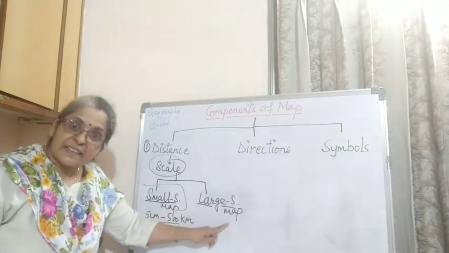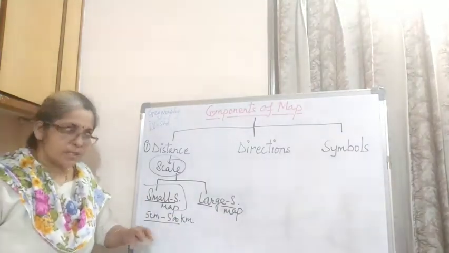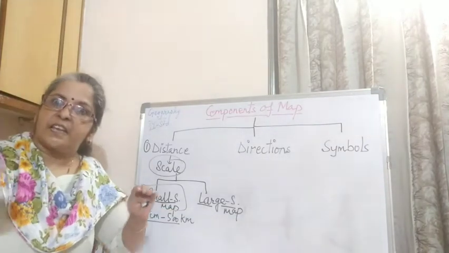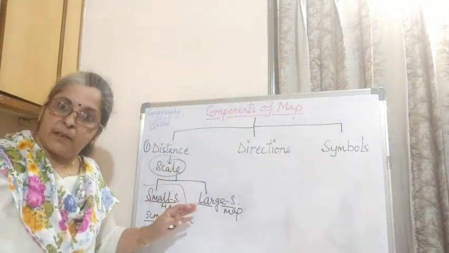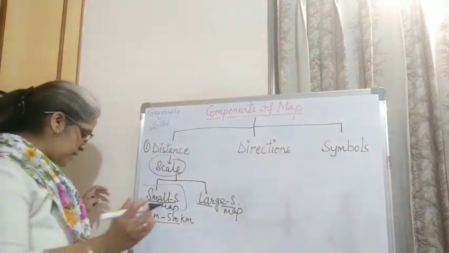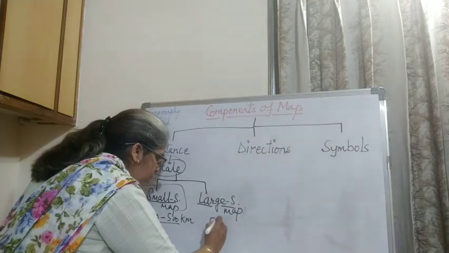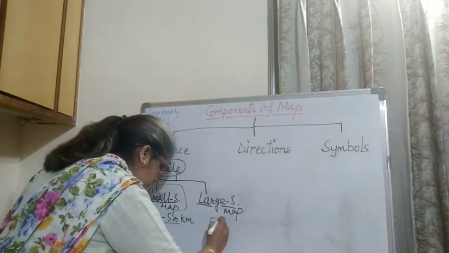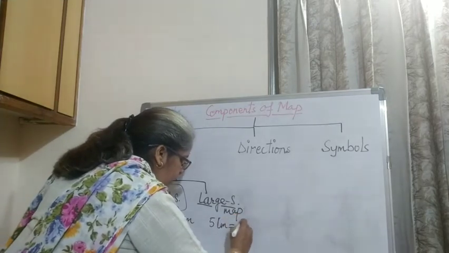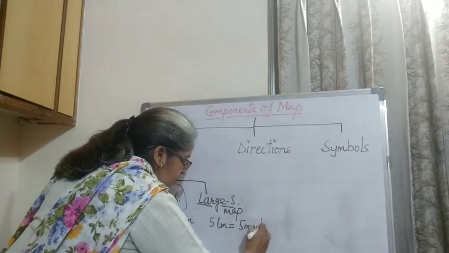Now the large scale map is totally opposite. For large scale maps, we show less area with more details. Suppose 5 centimeters is equal to 500 meters.